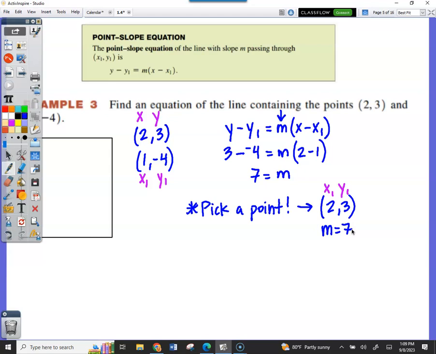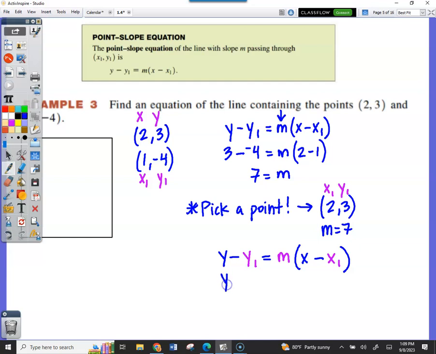So plug it all in. We've got y minus y1 equals slope, parentheses x minus x1. Everywhere there is a purple variable is where I'm plugging numbers in.